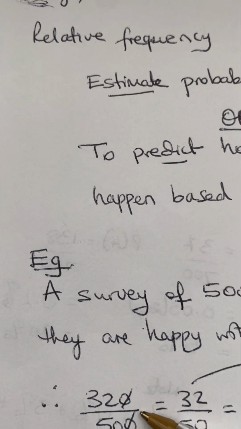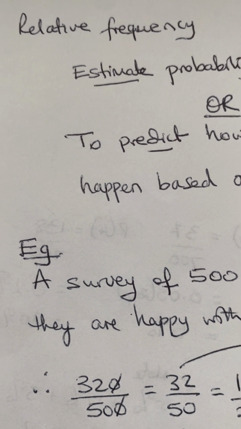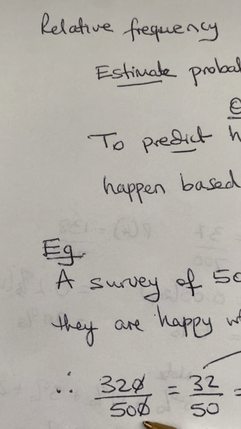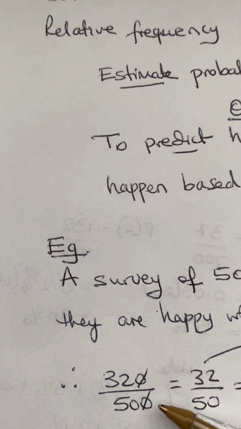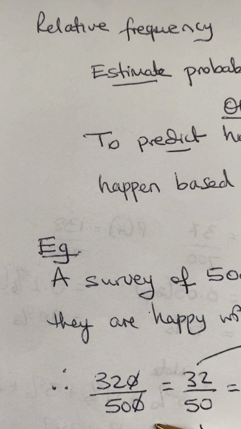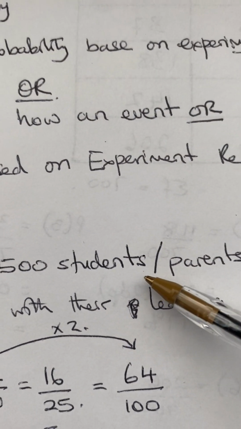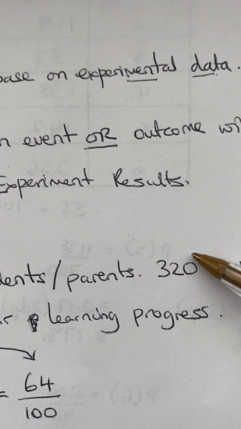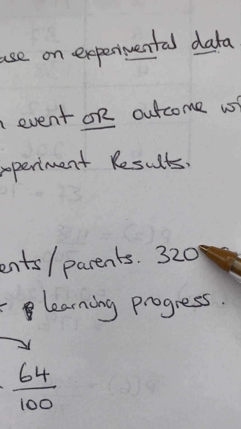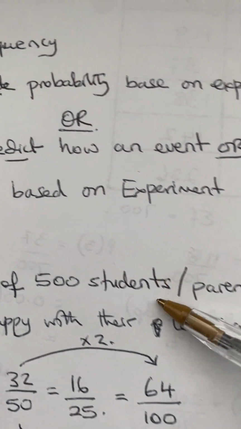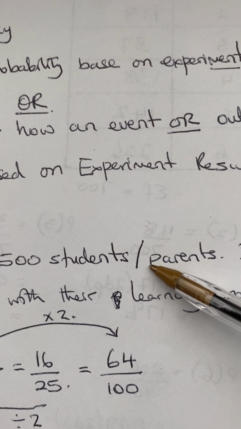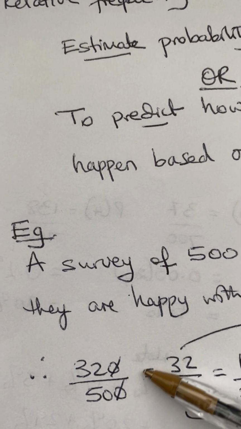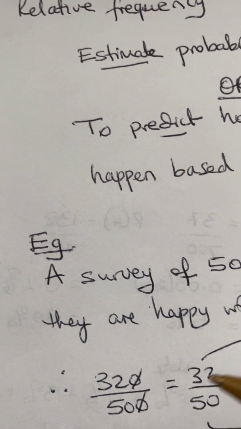Therefore, what that statement means is 320 out of 500 becomes our relative frequency, because assuming we sample another set of parents, it might be less or more. Or if we sample all the parents and students in the country, the fraction or percentage we get might be less or more.